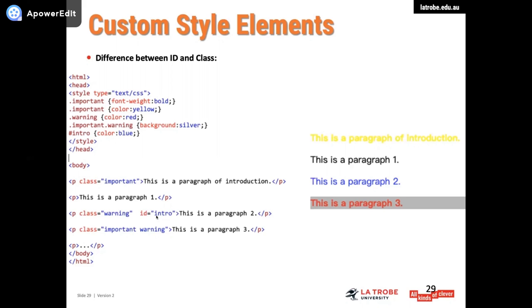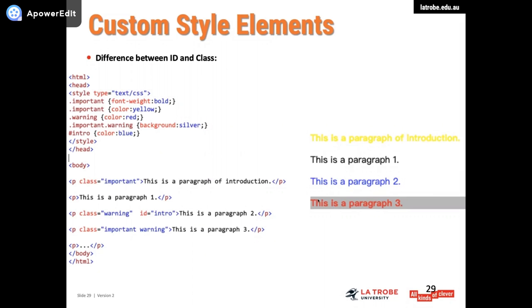And same for the last one. Here's the joint class, both important and warning. Just as in the previous example, they will be joined together to have multiple effects. Here you may ask why in this joint class the text color is red, not yellow.